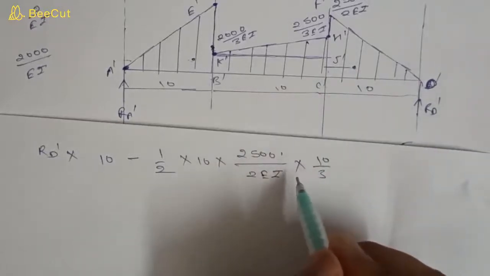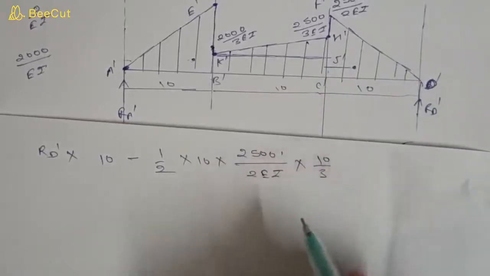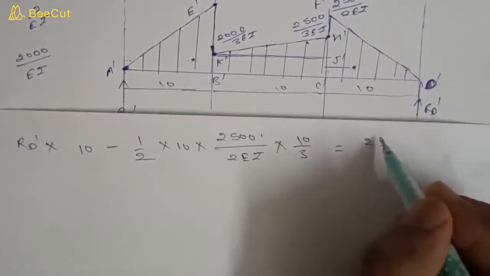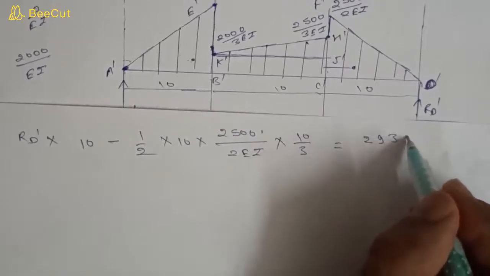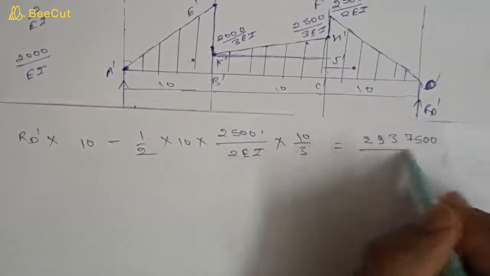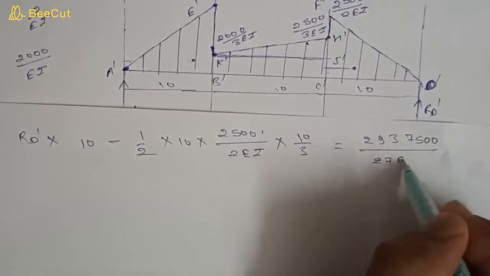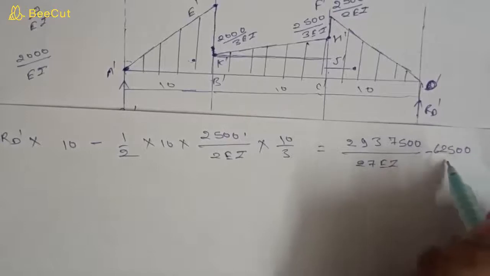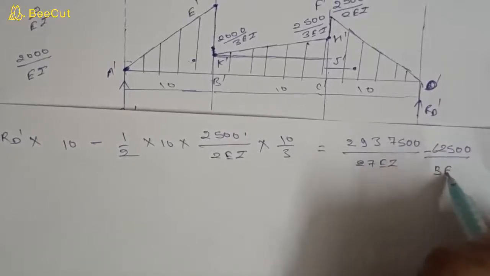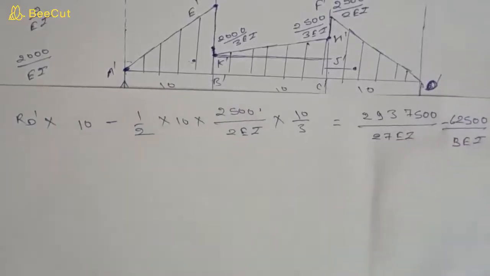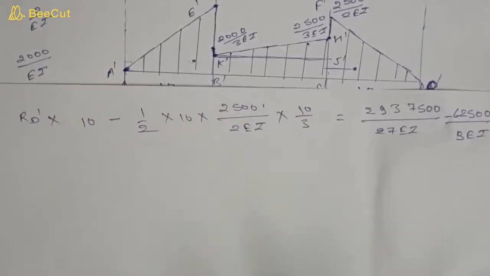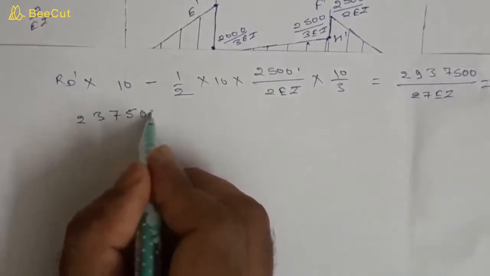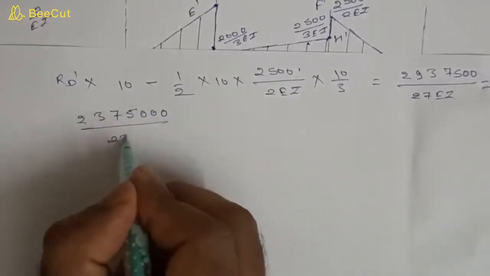So if we calculate this, then you will get 2937500 upon 27 EI minus 62500 upon 3 EI. Okay, so if you subtract this, then you will get 2375000 upon 27 EI.